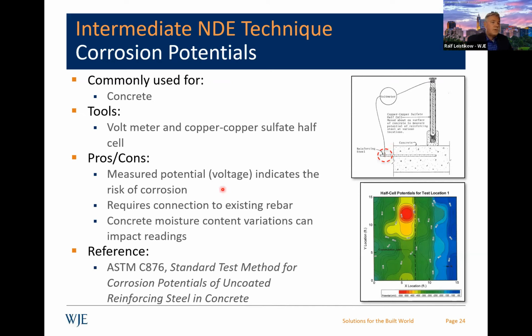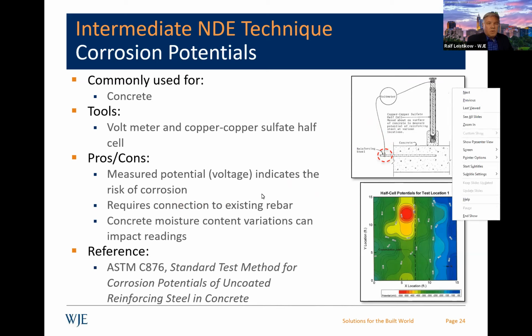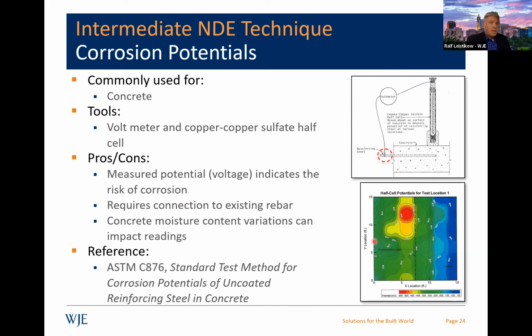You're measuring the corrosion potential, or risk of corrosion, is the purpose of this kind of testing. With the databases available now, you can actually get almost like a topograph of the corrosion potential. When you're below negative 200 millivolts, there's higher corrosion potential.